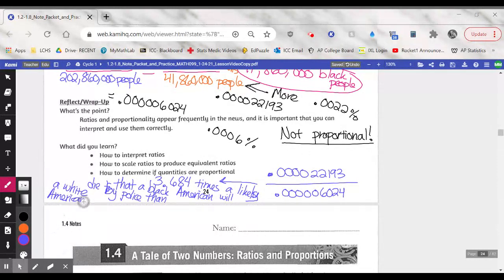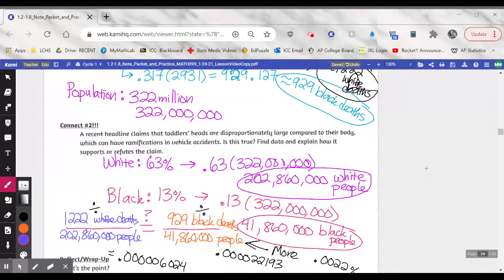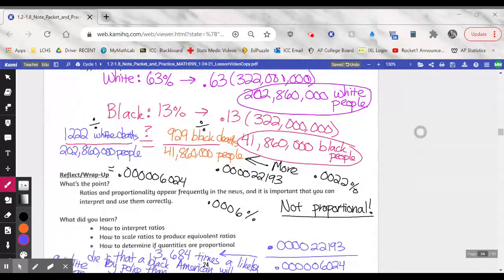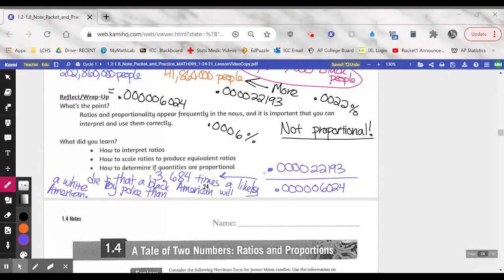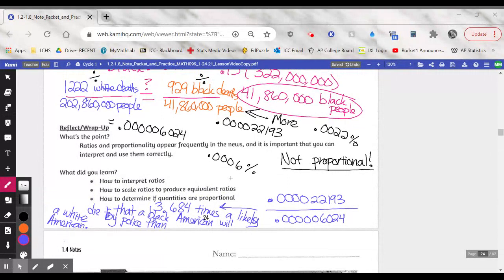So even though the data says, yes, there are more white deaths, when we look at it in terms of the population percentages, it tells us a completely different picture. And that's the picture that is the truly important one.